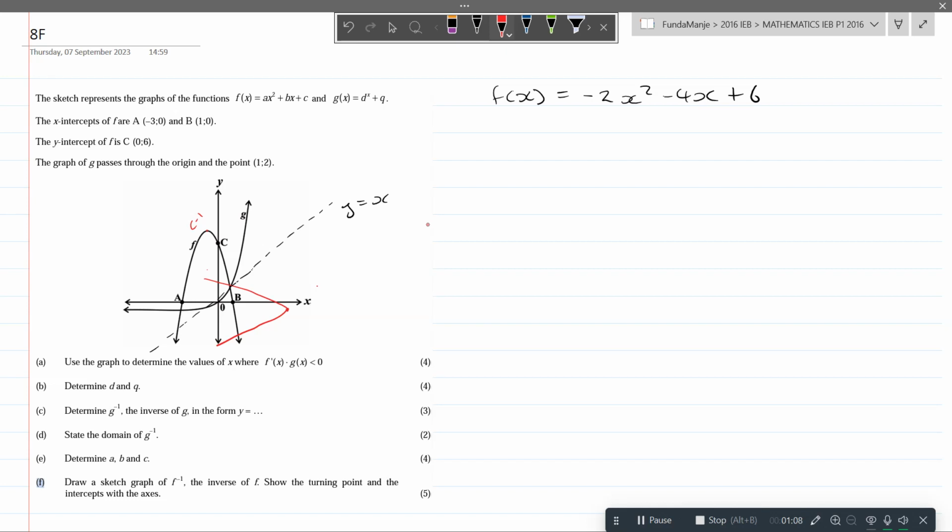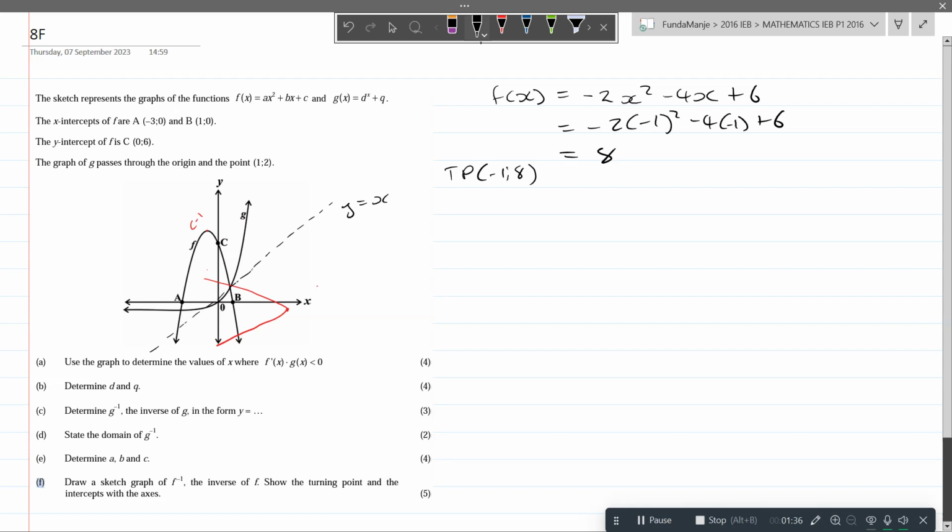Therefore, we can find the y value by putting that x as -1 into this. So putting x as -1, -4, -1, plus 6, we get a value of 8. So this value of 8 tells us that the turning point of the original is (-1, 8).